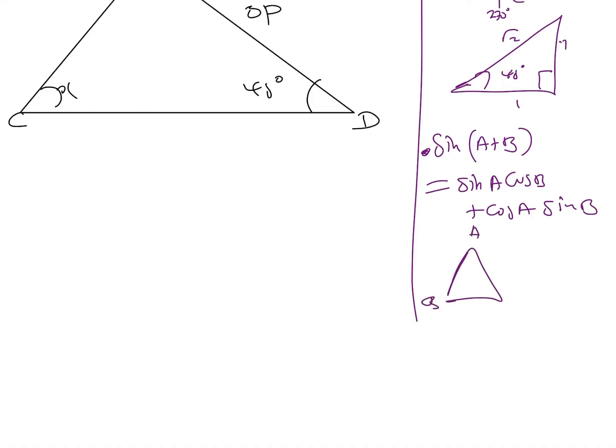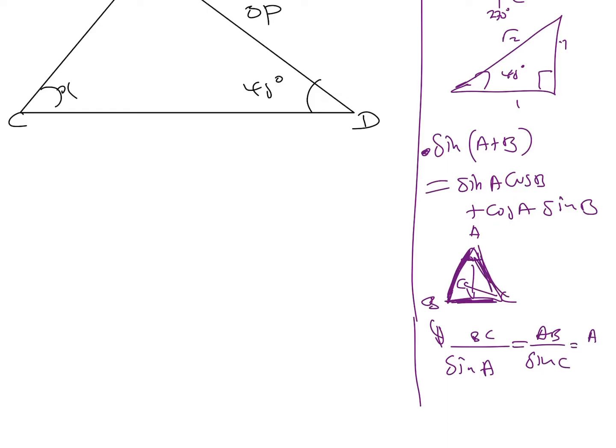If you have a triangle ABC, you can use this: side BC over sine of angle A is equal to side AB over sine of C, and also equal to side AC over sine of B. That's also another piece of knowledge that you're going to be using to solve this.